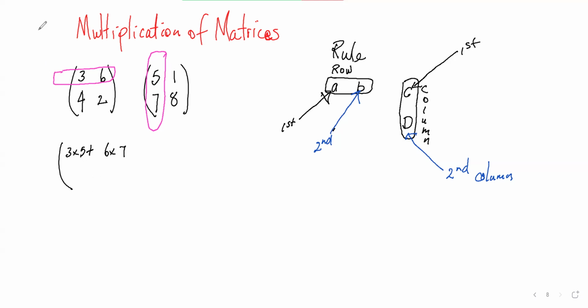When we're done with that, we're going to do the same thing again. We started up here, now we're going to go down. So 4 times 5 plus 2 times 7.